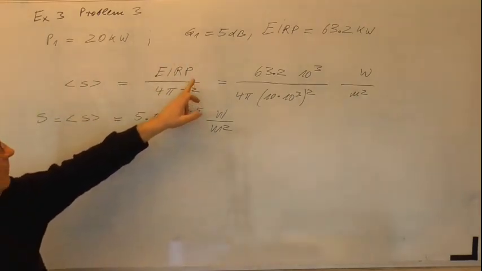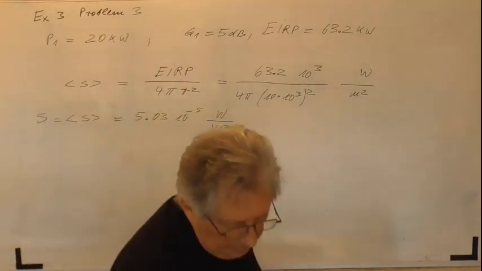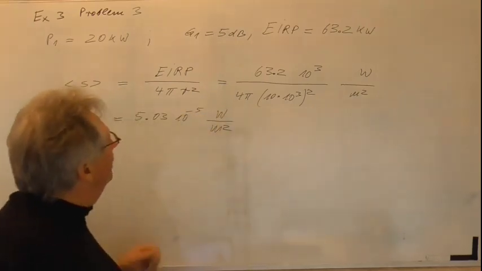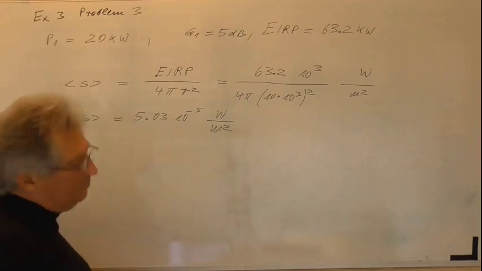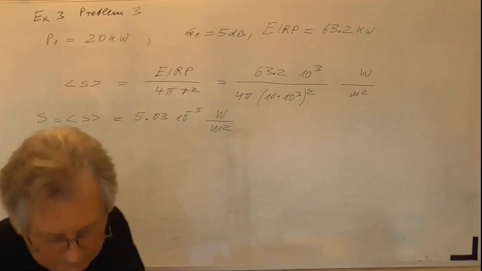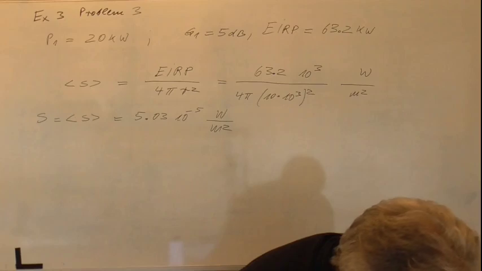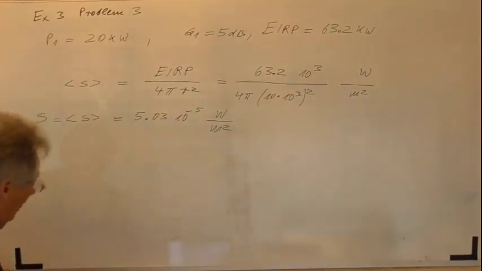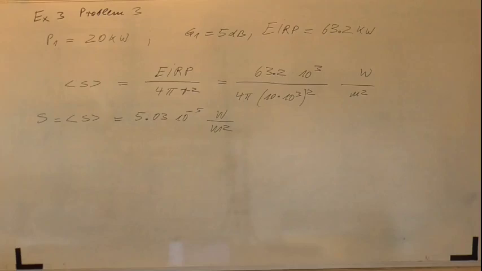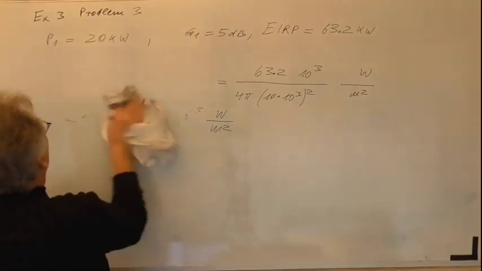Yes. So in principle you must remember the definition of the isotropic point radiator. I first define in the lecture the isotropic point radiator. Perhaps I go back to this.